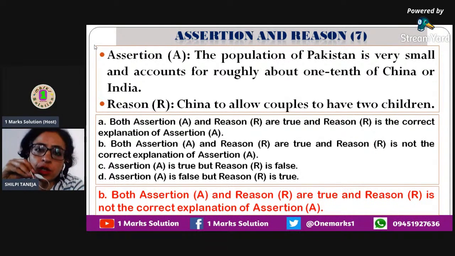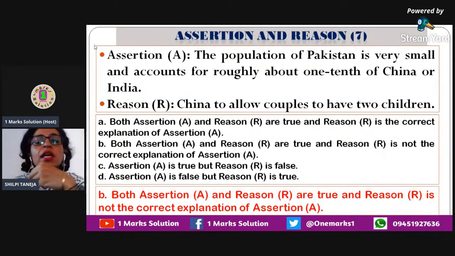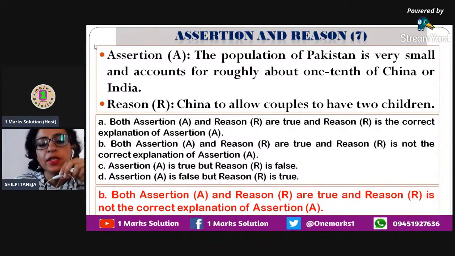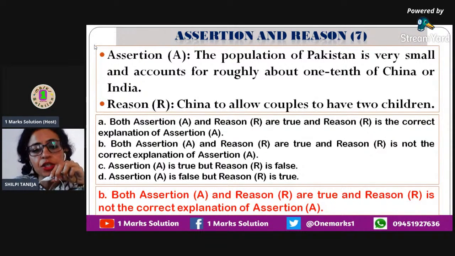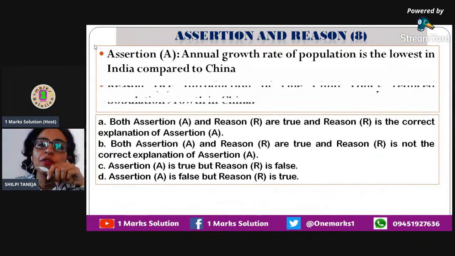So which is also true, but this is not the reason of the assertion. This is not explaining the assertion at all. In the assertion they are giving clarity about Pakistan's population, which is 1/10 of China, whereas in the reason they are explaining about the policy of China which they have adopted now. So reason is not explaining the assertion. So we will go for option B in this question. Assertion is true, reason is true, but reason is not the correct explanation of assertion.